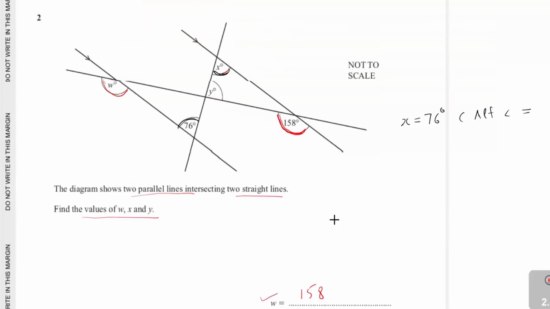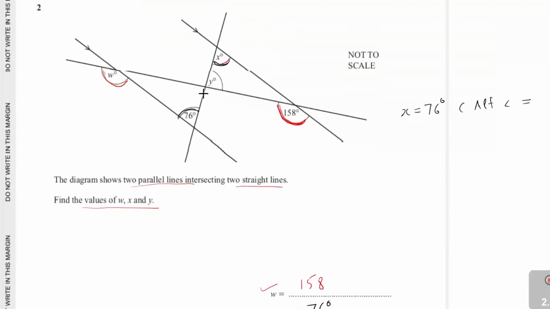Next, the y degree angle. Look here, this angle is y degrees, and it lies in this triangle. In this triangle, these two angles are interior angles and this is the exterior angle.